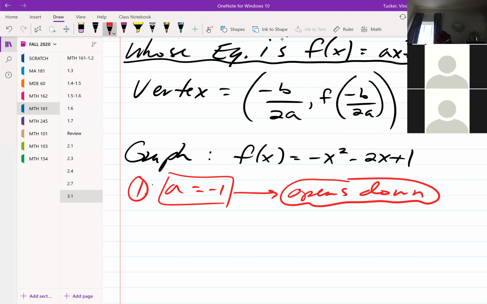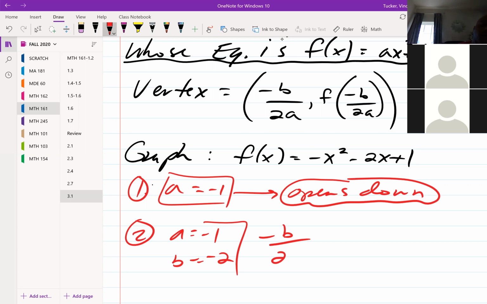All right, so it still opens down in this case. If a was positive, of course it will open up, but this one opens down. We can find our vertex by recognizing we got -1 for a. b is -2.